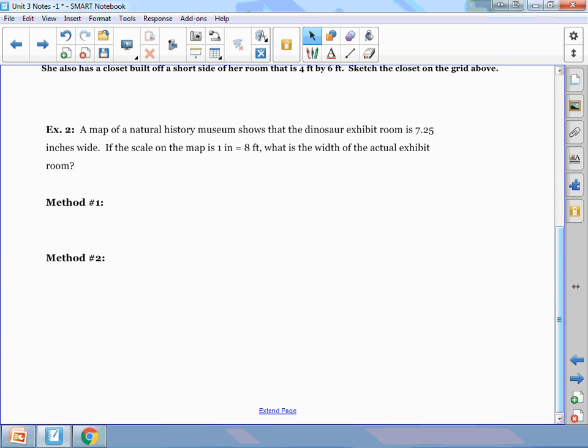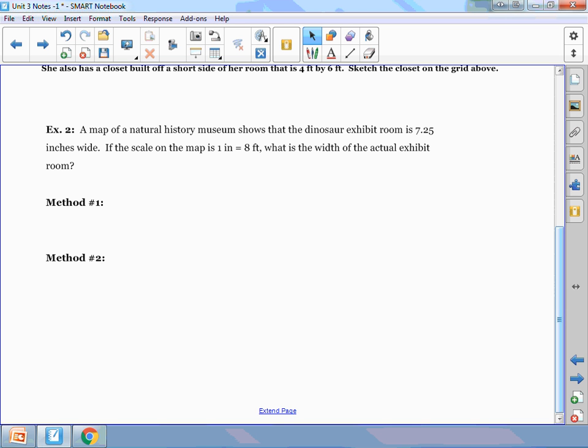You walk into this history museum. You guys have all done this. You walk into some place and they hand you a pamphlet, and on that pamphlet is a map, like a directory, showing you where to go. On the map, it's saying that the dinosaur exhibit room is 7¼ inches wide. Well, clearly the dinosaur exhibit room is not actually 7¼ inches wide. It's going to be bigger than that.